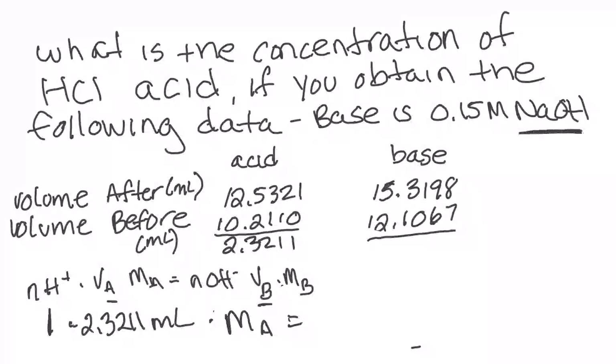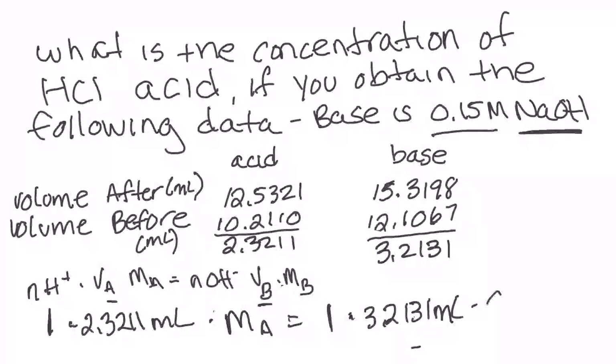the number of hydroxides. Well, here's my base. So I just have 1 OH in that formula. The volume of the base, I subtract these and get 3.2131 milliliters times the molarity of the base, that's given to me, 0.15 molar.